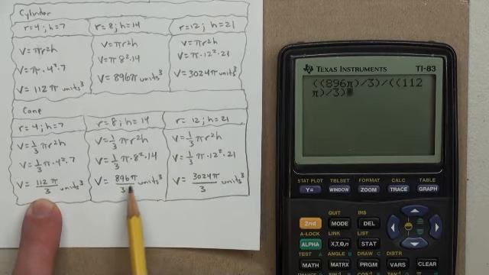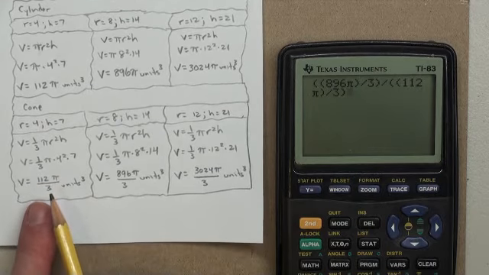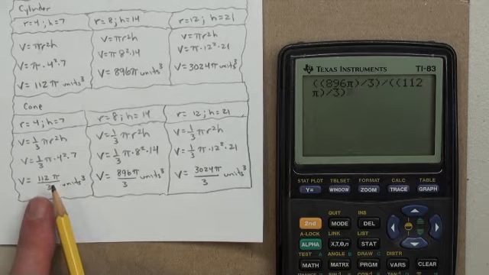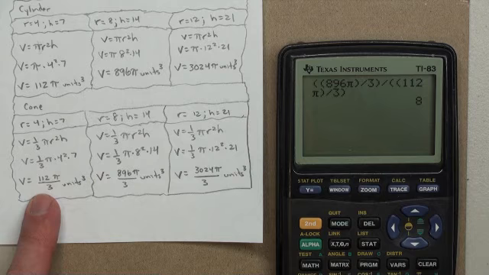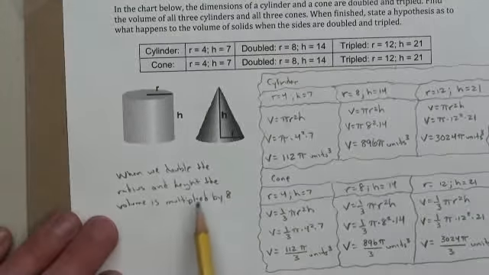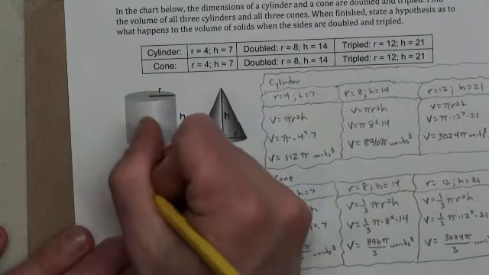So I'm taking this fraction and dividing it by this fraction to see how many times I have to multiply this to get that. And we're going to get 8.